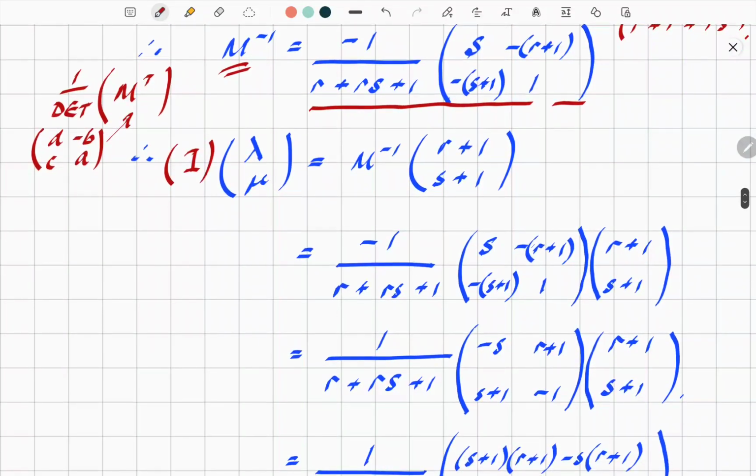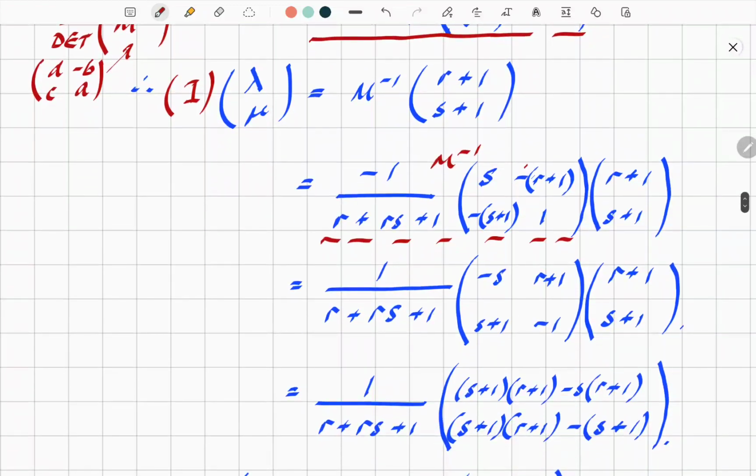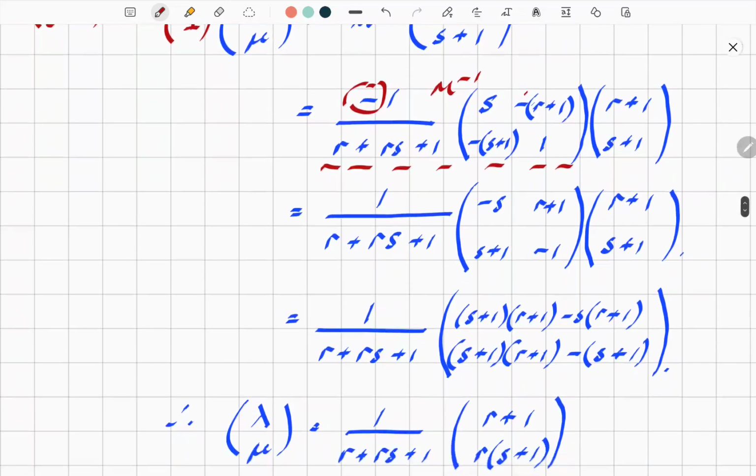All right. So this bit is my inverse of M, and you can see the transpose of M. All right. And let's actually multiply through. What I've done is I've taken the minus out. All right. I've multiplied everything in the matrix by the minus, so just getting rid of that nice and early.